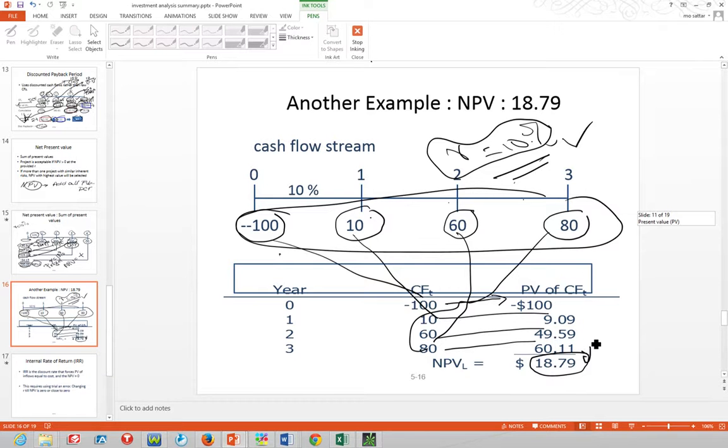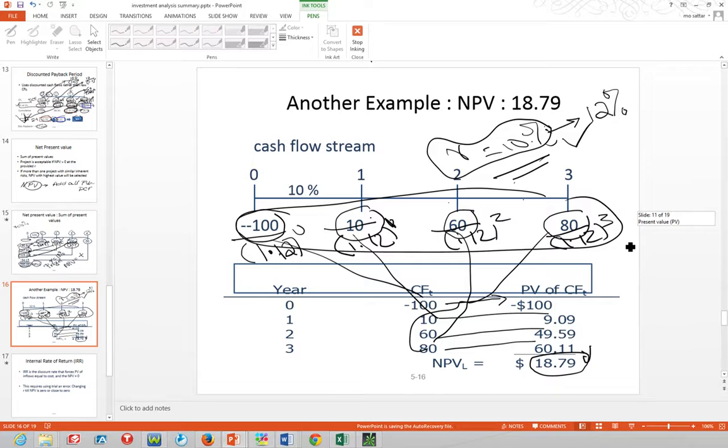Now, what would happen if instead of an R of 10, somebody says this project is a little bit riskier, as the book talks about, the riskier the project, the higher the return they will want. Let's say somebody says, listen, this project is a little bit riskier, we want at least 12%. So in that case, we take each one of these and say 1 plus R will be 1.12 raised to 0, 1.12 raised to 1, 1.12 raised to 2, 1.12 raised to 3.